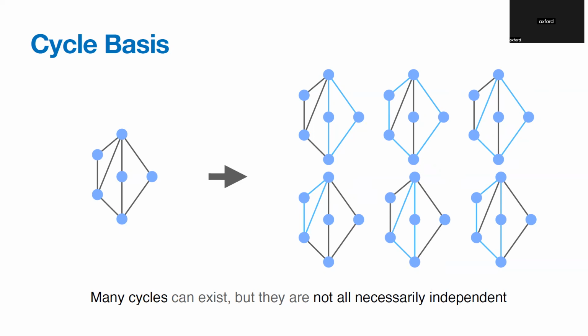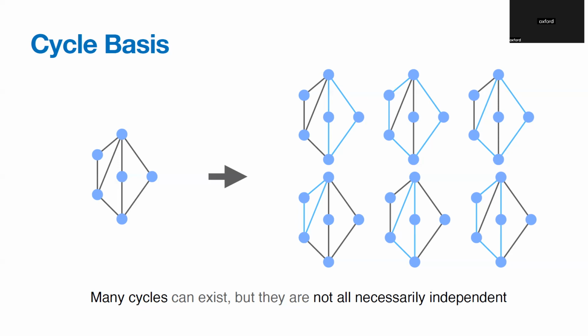But now if we want to go into the second question, which was how tree-like the graph is, then we need not just to be able to characterize the different types of cycles, but also to find them. And to do that, again, we're going to stay at the underlying layer, the undirected graph level, and look for a cycle basis, right? It's fairly easy to convince oneself that not all cycles are independent.